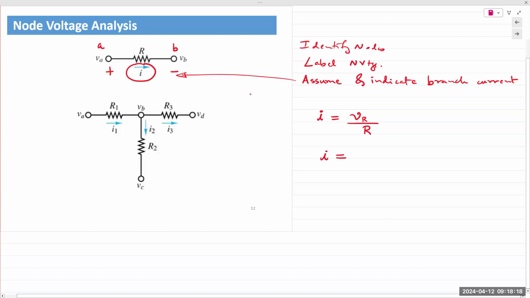Note down the node voltages, note down the current direction, and then note down the polarity of the voltage across that resistor. Since I am choosing my current going from left to right, my conclusion would be that the left end, VA, is higher than VB, so plus minus. If it's plus minus, I can express VR as VA minus VB.